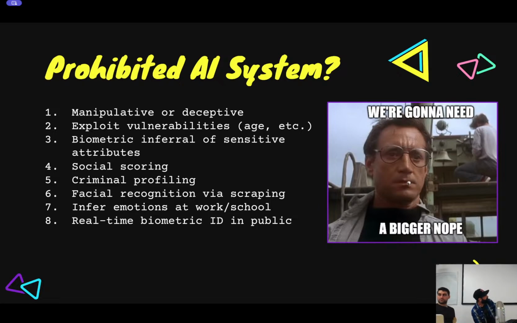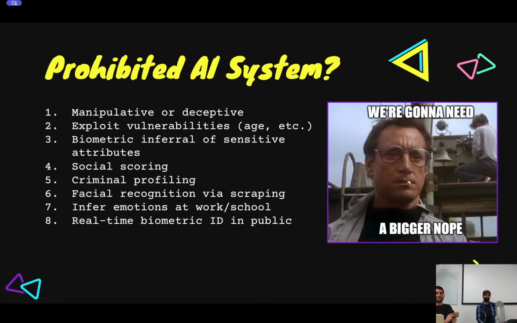So let's just talk quickly about this category of stuff that's totally prohibited. Prohibited AI systems: anything manipulative or deceptive, anything that exploits vulnerable groups based on age or other things like that.